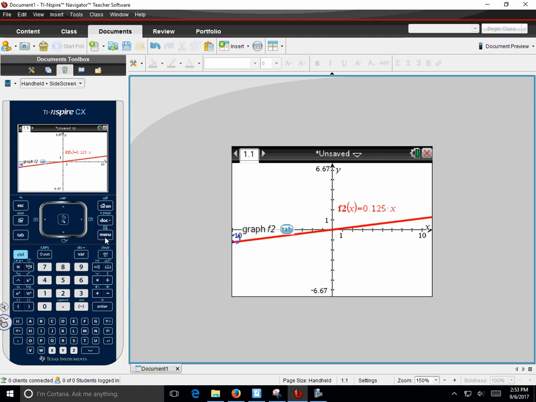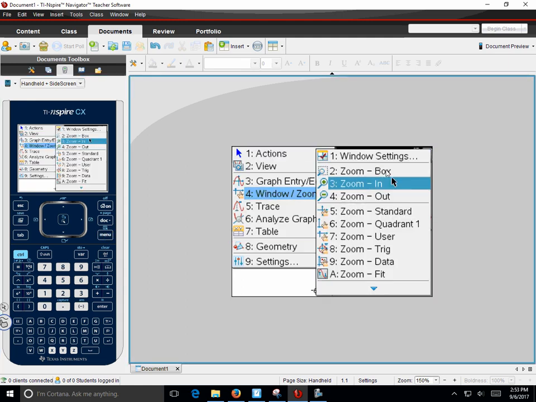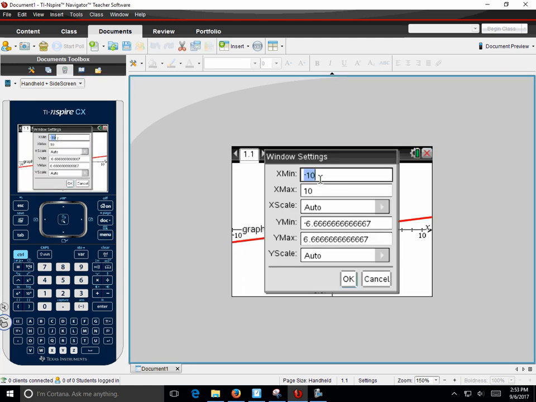So I change my window. It doesn't make sense to have negative values for my units or for my price. I'm not sure of X max, but the highest my price can be is 81, because that's my y-intercept.